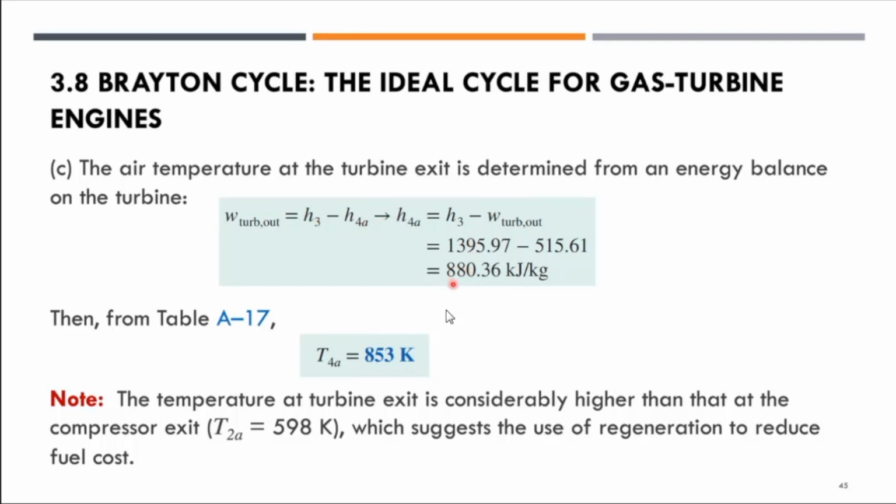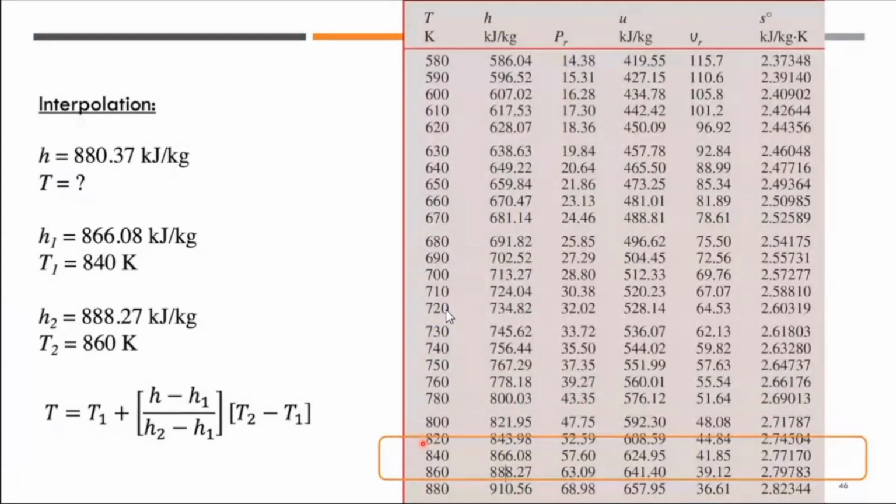We get the work from the turbine to become 880.36 kilojoule per kilogram, and you read from table A17, you can get the value of T4 to become 850. Note that the temperature at turbine exit is considerably higher than that of the compressor exit, 598. So you can see here, right, which suggests the use of regeneration to reduce the fuel cost.